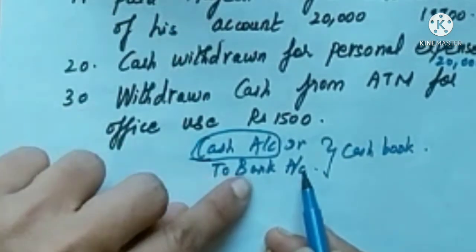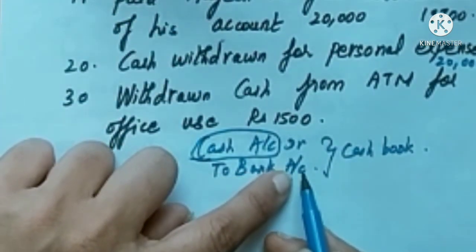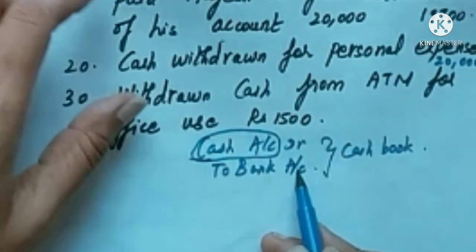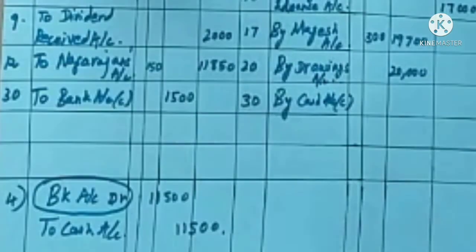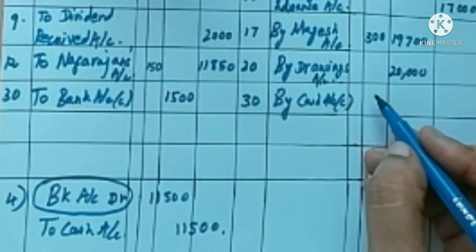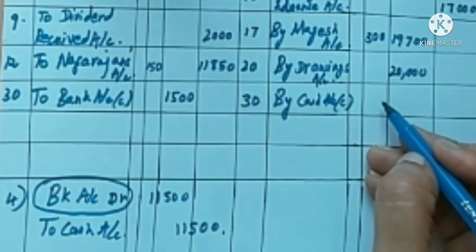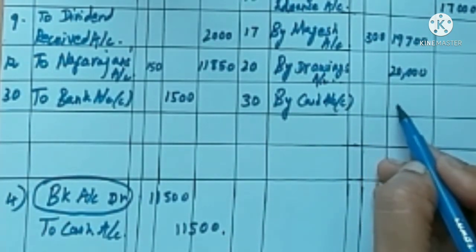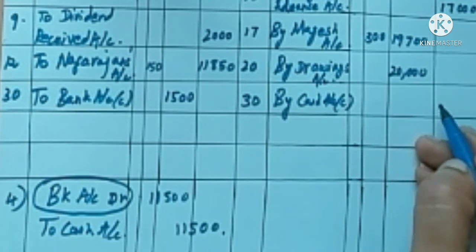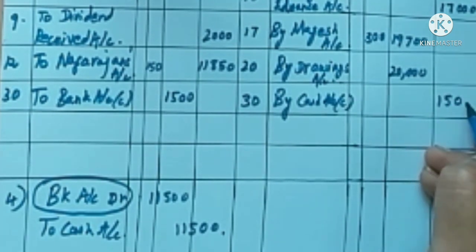Bank account is credited, so I am going to write in the bank column rupees 1,500. This is the cash column, this is the bank column.